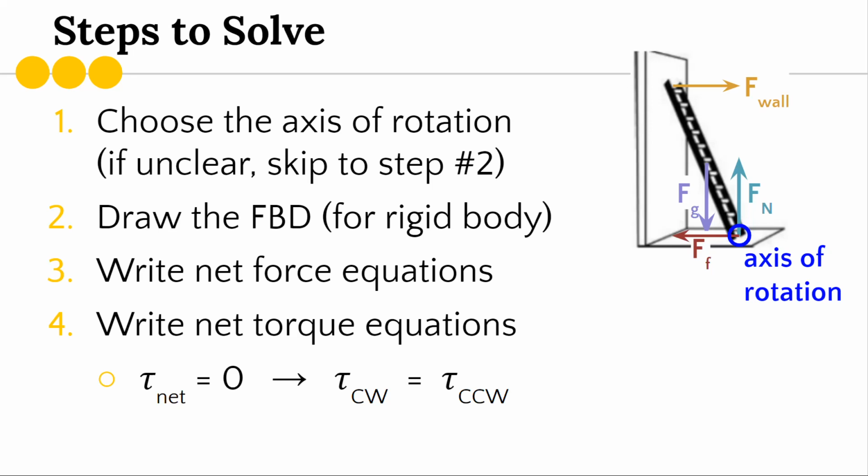They have to cancel each other out. Now keep in mind that forces applied at the axis of rotation don't apply a torque. So when I'm writing my net torque equations, I'm not going to be considering the force of friction or the normal force in this diagram because they're applied at the axis of rotation, and we talked about that yesterday. Those don't cause a torque on the object.